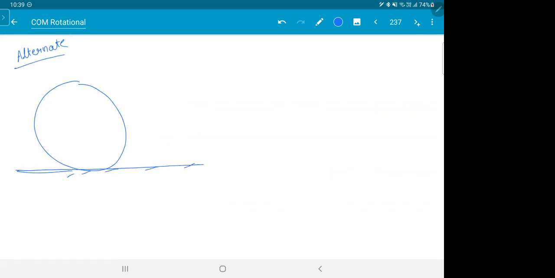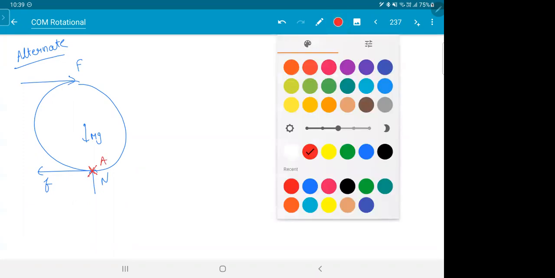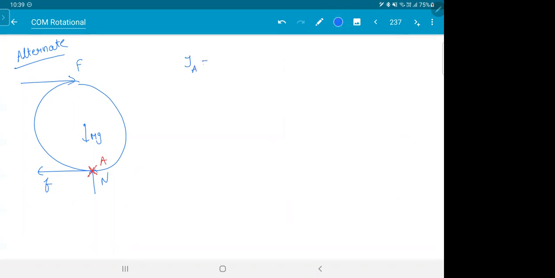What were the forces? Friction, mg, n, F. You know, there is one special point, this one. If I take torque about A, what happens?